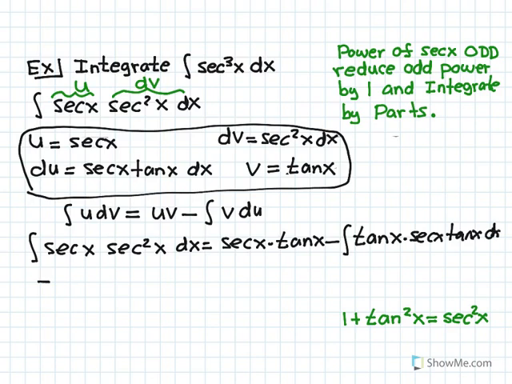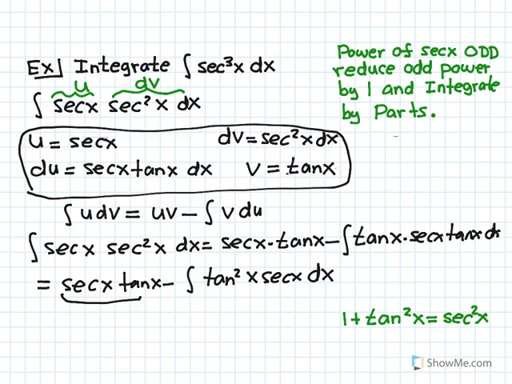We're going to simplify this a little bit. We get sec x tan x. And simplifying the integral on the right, tan x times tan x is tan squared x, the integral of tan squared x sec x dx. It's important to note when you're doing integration by parts that the formula integrates this part already. So the only part that we need to process is this part, the integral of tan squared x times sec x dx.